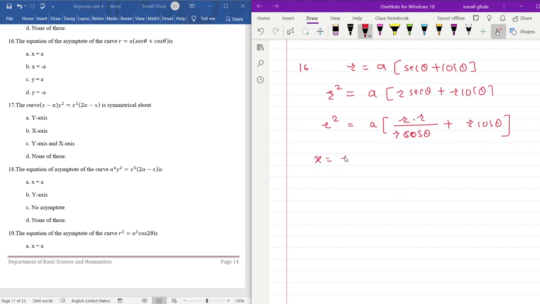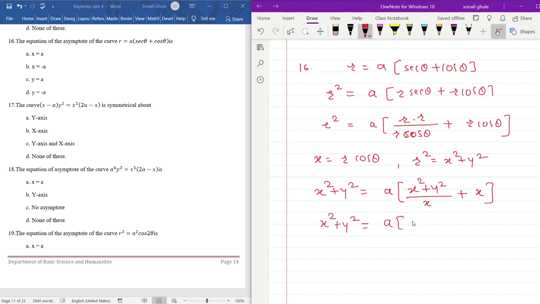We all know x is equal to r cos theta and r square is equal to x square plus y square. So we get x square plus y square is equal to a in bracket. This r into r is going to be r square, so that is x square plus y square, divided by r cos theta, it is x, plus x. Now it is x square plus y square equals a in bracket x square plus y square plus x square divided by x.